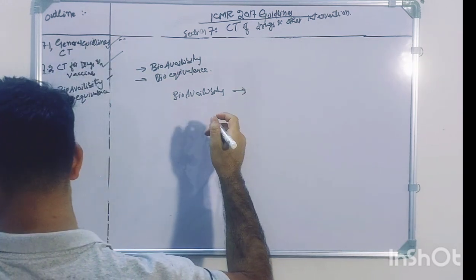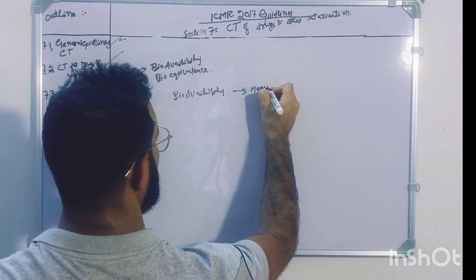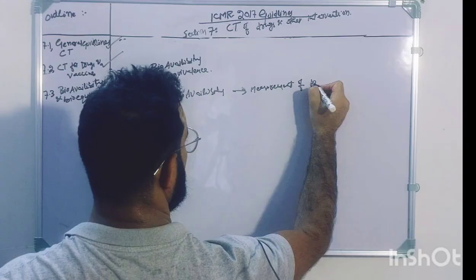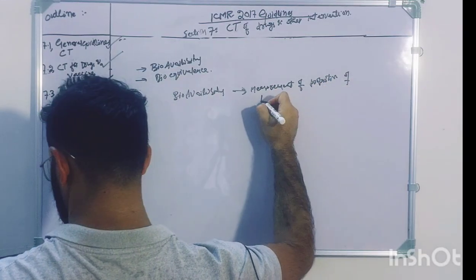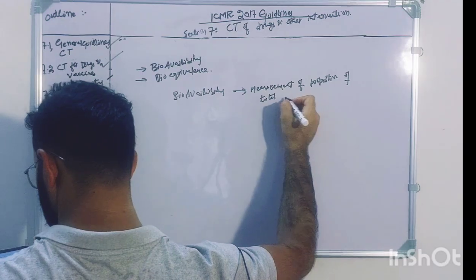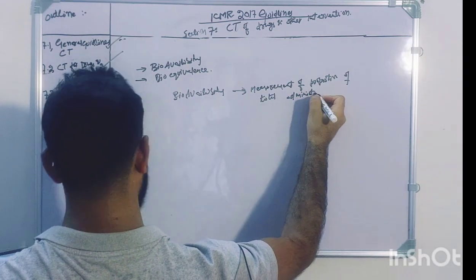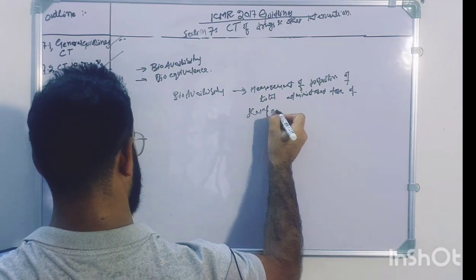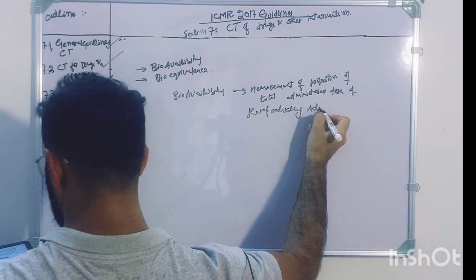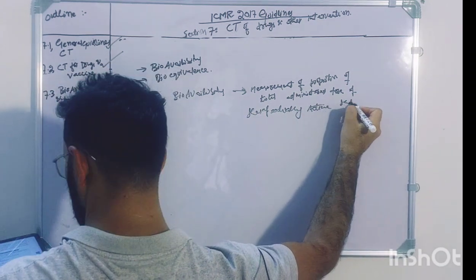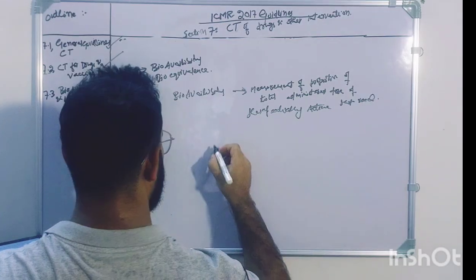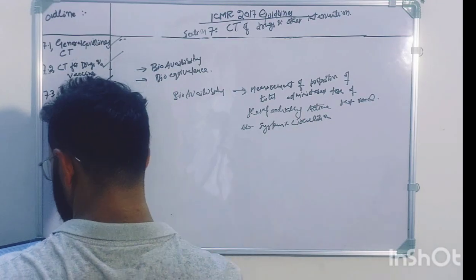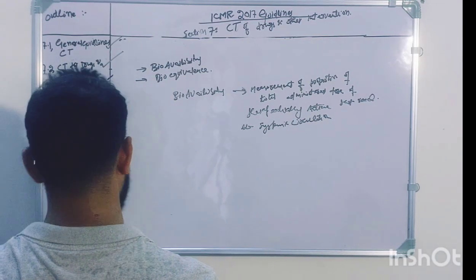Okay, so here they have written bioavailability as a measurement of the proportion of total administered dose of a therapeutically active drug that reaches the systemic circulation and therefore is available at the site of action.